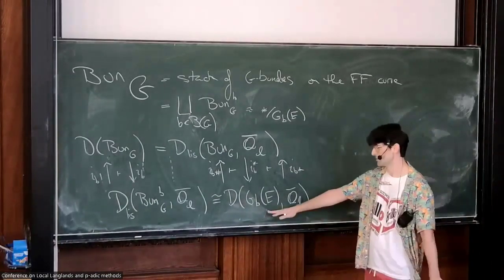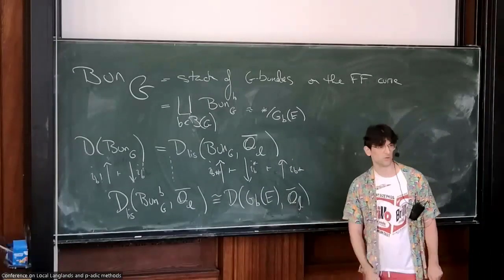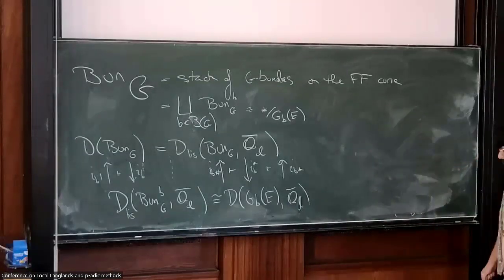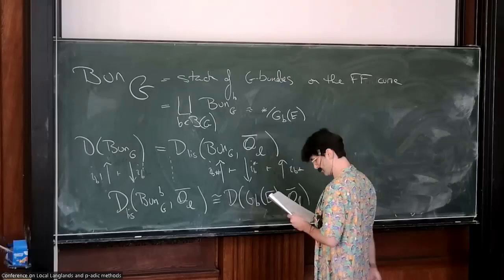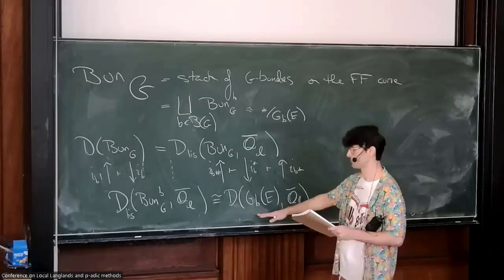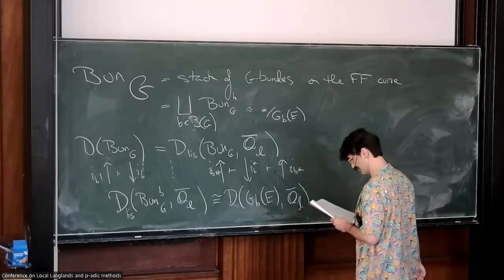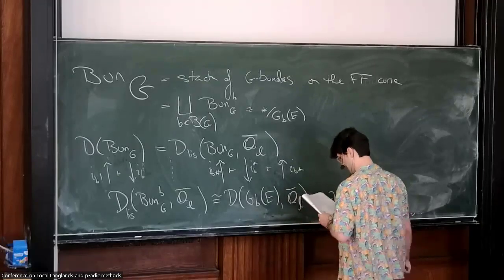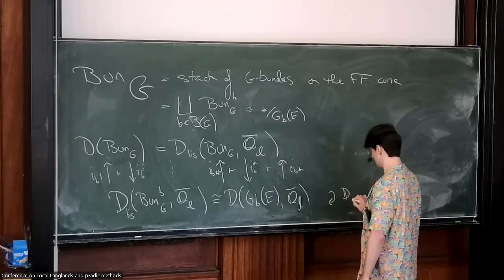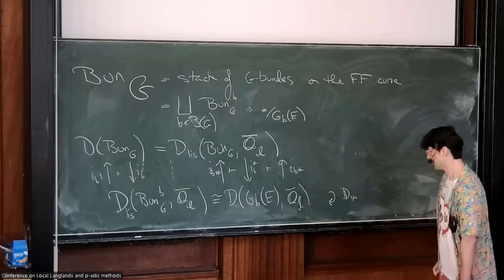And so this is something we kind of understand well as human beings. This is just smooth representations, like we already saw in Tasho's talk and some other talks. And this is something a bit more hallucinatory, but you really should think of it as assembled from these as b varies over B(G). Okay. I also want to just quickly mention that there are natural dualities in both settings. So here you have smooth duality.